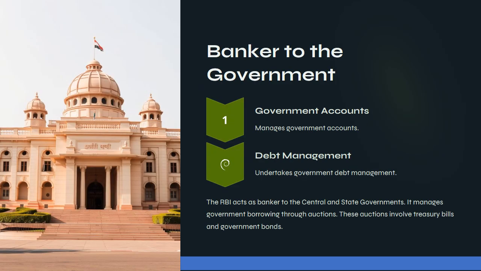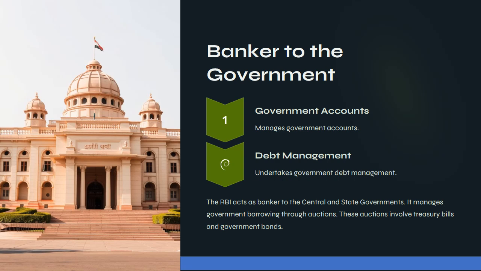Banker to the government. Who acts as the banker to the government? Suppose an individual person approaches a bank for his or her needs, or for availing credit facilities or many other services provided by government banks and private banks. But here, who acts as the banker to the government? It is the RBI.